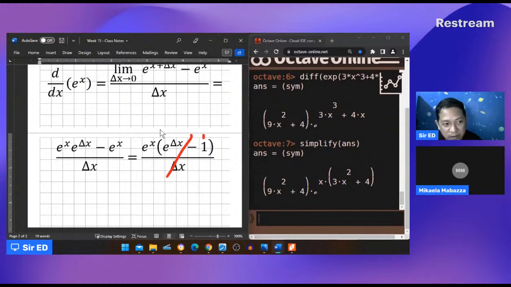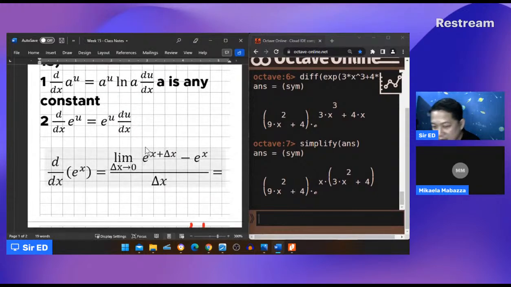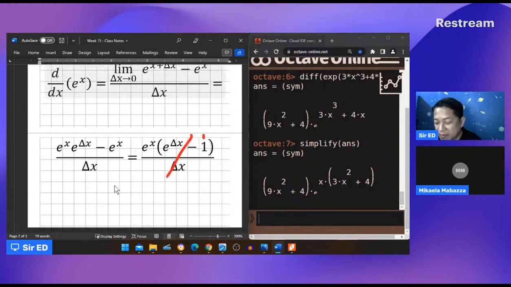Kaya yung mapapatunayan yung derivative natin, e^u du over dx. Okay? Doon naman sa hyperbolic, meron ka lang identity, Micaela, na susundan. Mas madali to. Ang dalawang identity palagi mong titingnan sa hyperbolic.